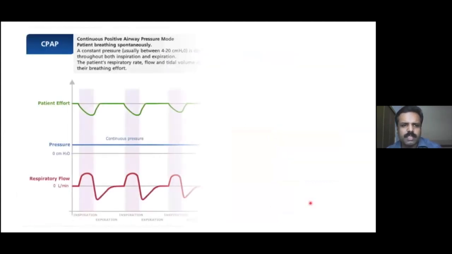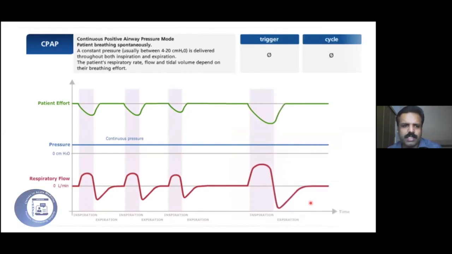So this is the CPAP mode. Here in CPAP mode, as you can see, the trigger and the cycling are both determined by the patient. There is a continuous pressure here. These are the patient efforts, this is the respiratory flow, and the flow and the tidal volume depend on the patient effort.